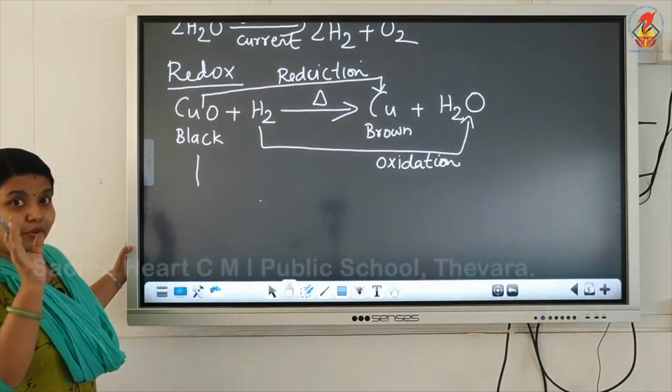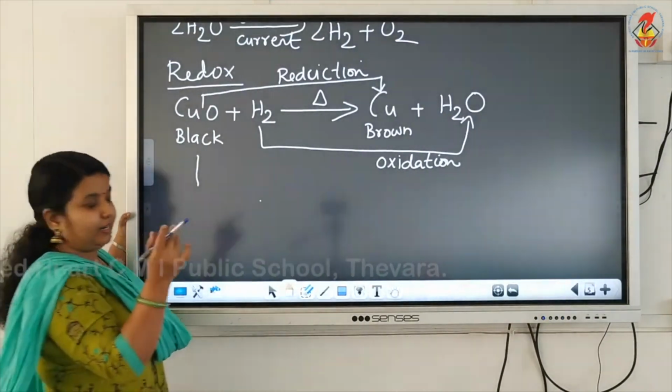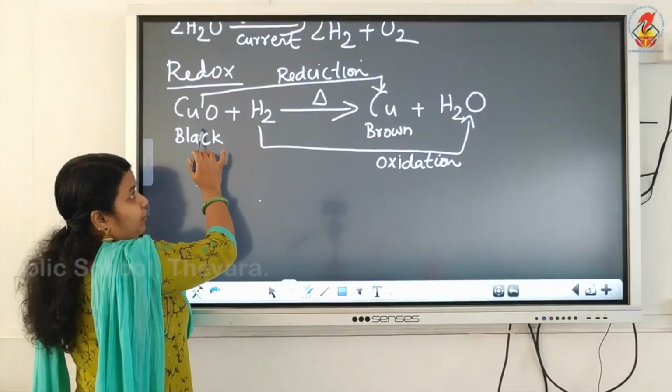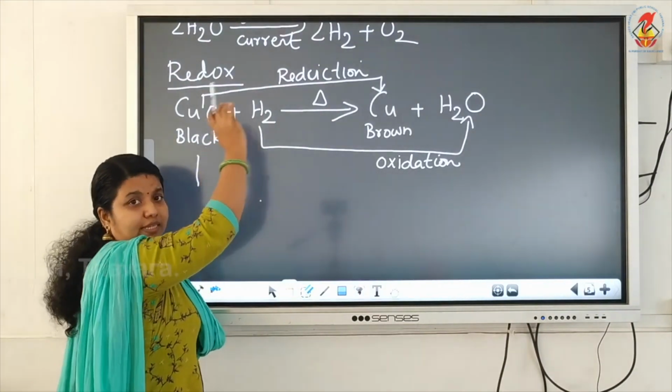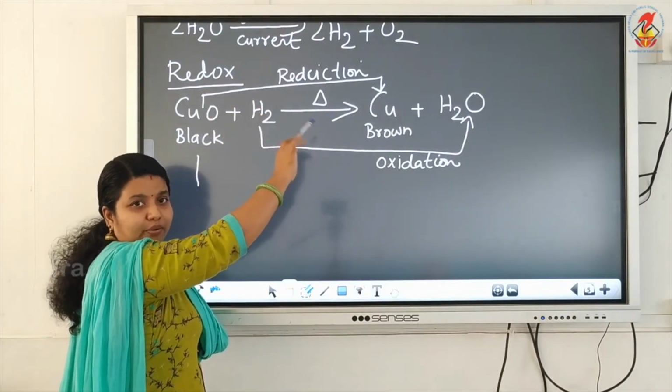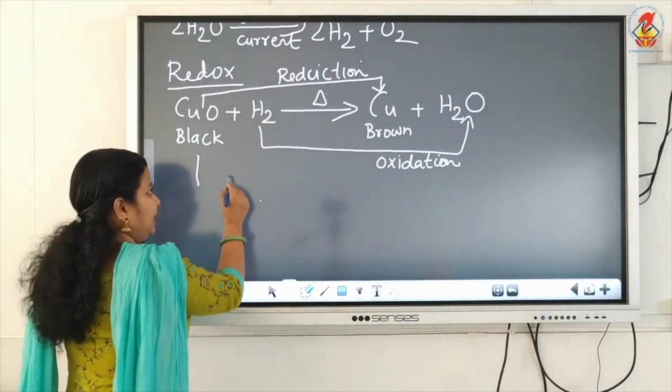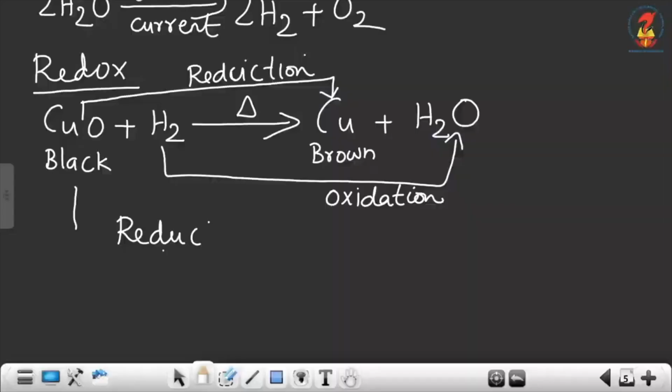Now there are two more important terms that you have to learn under redox reaction. One is, look at copper oxide. What happened to copper oxide? It lost its oxygen, or it has undergone reduction. The substance which undergoes reduction, we call it the oxidizing agent.